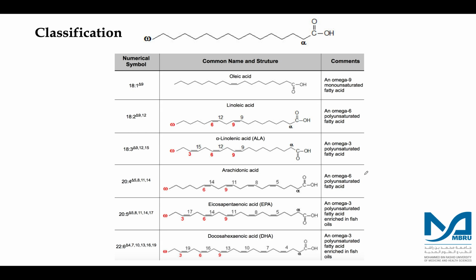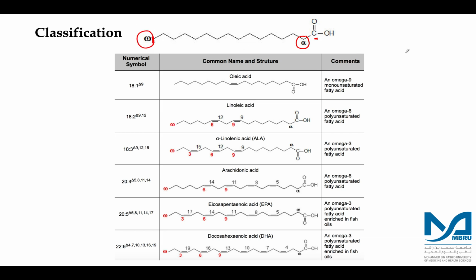Now we come to the most important concept here, which is known as the omega classification of fatty acid. In order to understand, we have to understand two different concepts here. The first concept is, this is the functional group. The carbon next to the functional group is the alpha carbon, so this is the alpha end, and the methyl end, as we saw in the previous slide, represents the omega carbon.